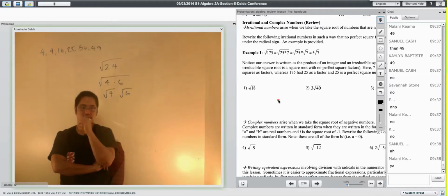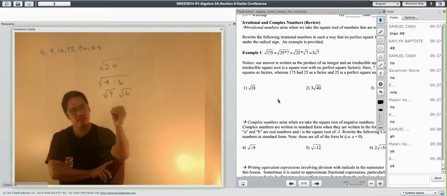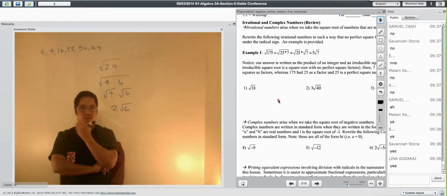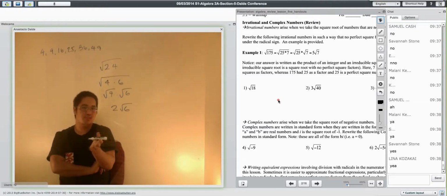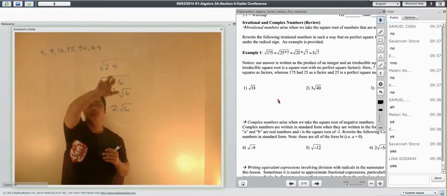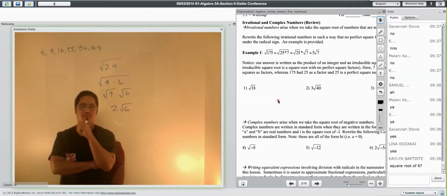Agreed? And the square root of 4 is just 2. So that's called simplifying the radical. You're just pulling out these types of numbers out of these, a little bit more confusing numbers.